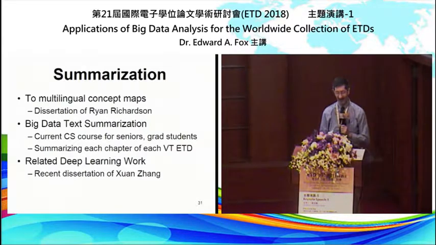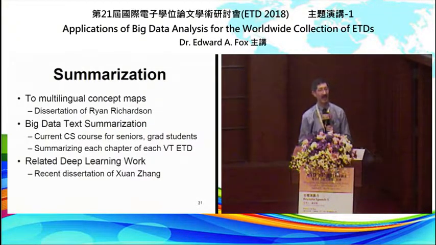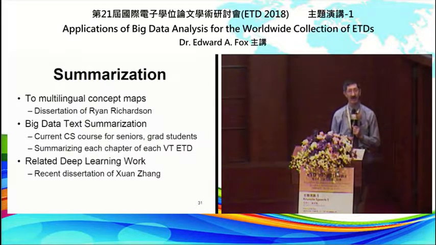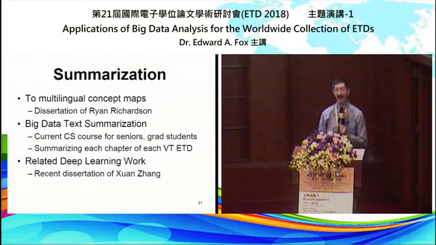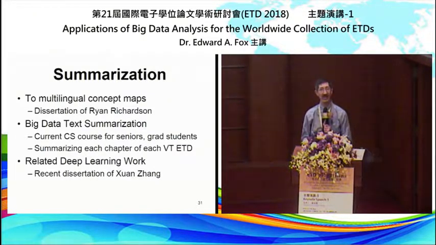The second problem is many ETDs have an abstract or a summary. And that abstract or summary is for the entire work. It's written by the author. Now, many theses and dissertations today have chapters that are on different topics because people do interdisciplinary work.